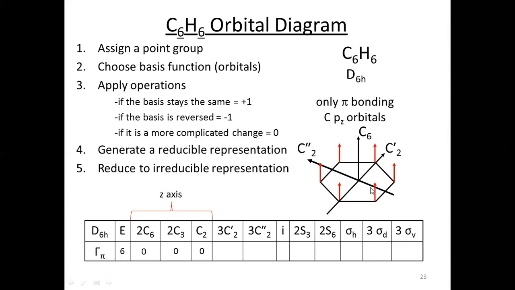Next is your C2 dash axis. And where is your C2 dash axis? I have already marked it. This is your C2 dash axis, which is passing through 2 orbitals. Whenever I rotate this benzene molecule along the C2 dash axis, you can see that these will be replaced with each other, and these will be replaced with each other, but the orbitals through which the C2 dash is passing will be inverted.